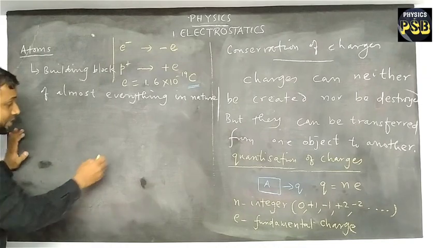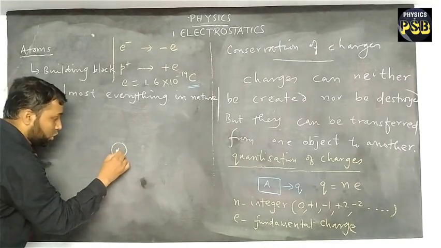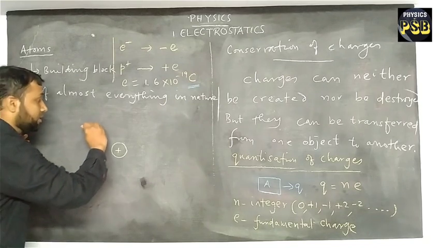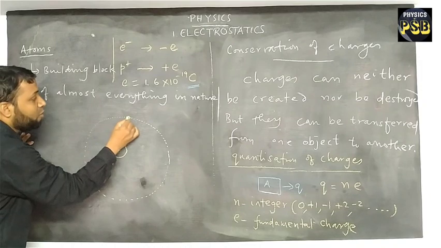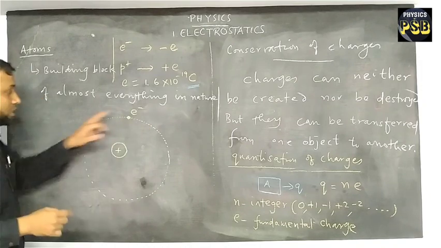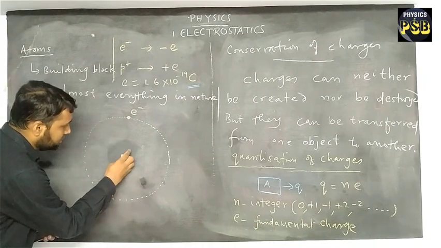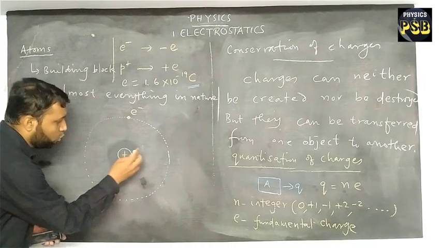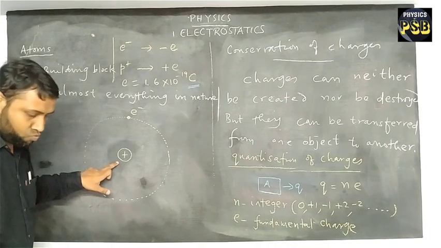An atom is said to have a positively charged nucleus, and electrons revolving around it. The nucleus, which is the core of an atom, possesses a positive charge.